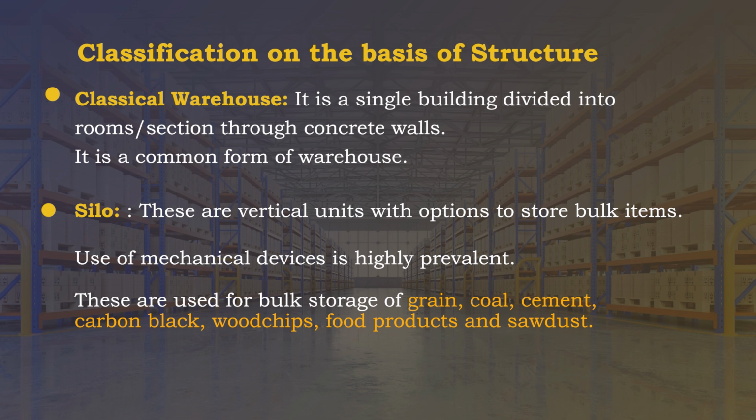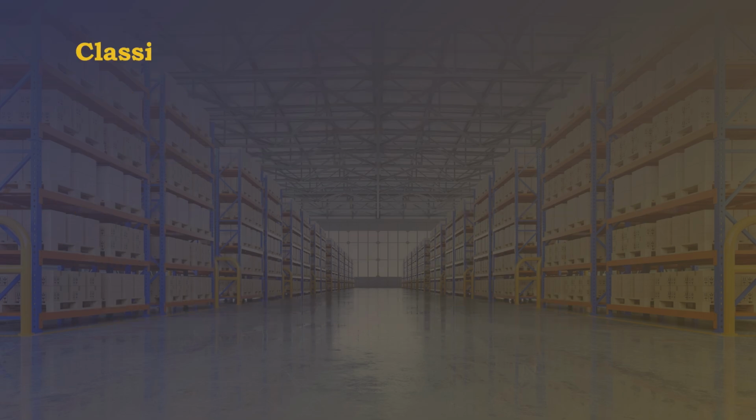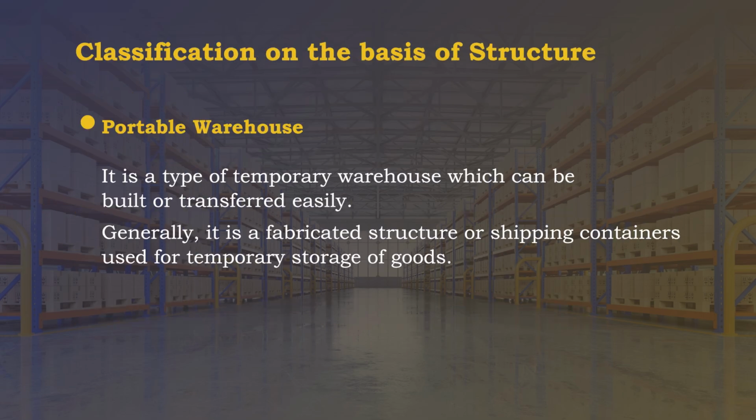These are used for bulk storage of grain, coal, cement, carbon black, wood chips, food products and sawdust. C. Portable warehouse. It is a type of temporary warehouse which can be built or transferred easily. Generally, it is a fabricated structure or shipping containers which are used for temporary storage of goods.